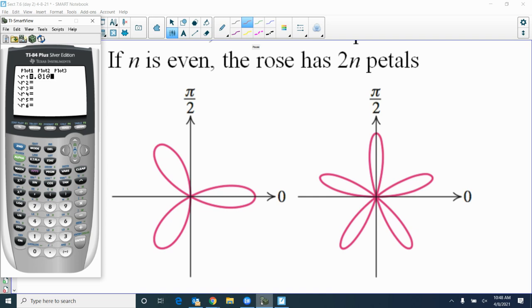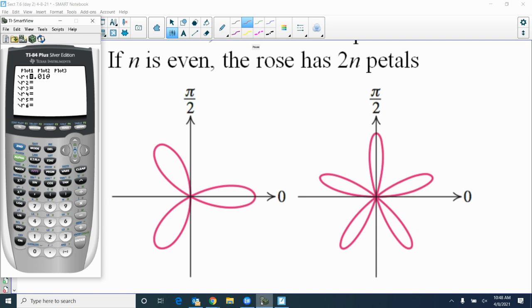Predict what that's going to look like. Whatever the angle is, you're multiplying by 100 and then graph it. Once you get a mental picture, go ahead and graph it.